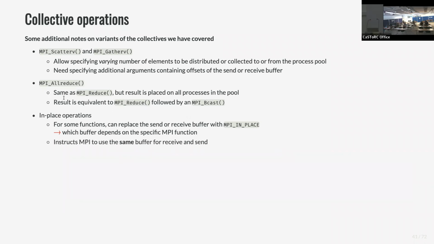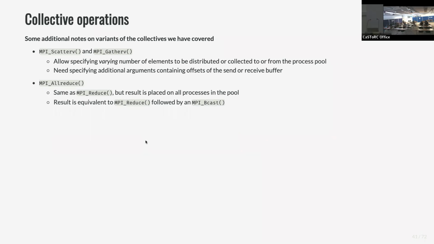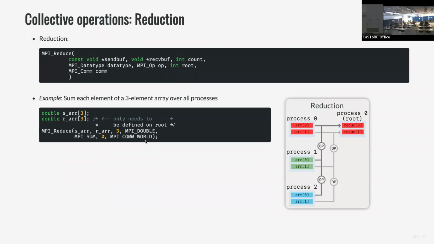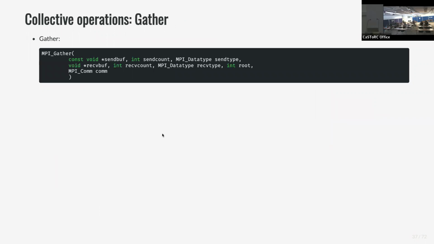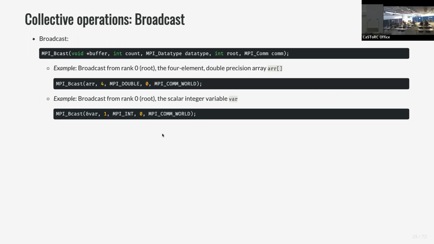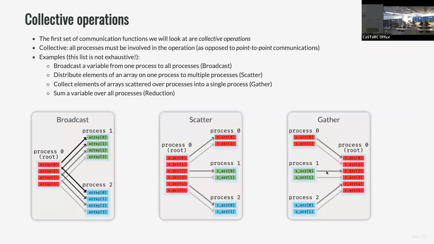Okay, and for some operations, you can replace the send or the receive buffer with a special variable, MPI in place. This instructs MPI to use the same buffer for receiving and sending. An example of where you want to do this is, where's the picture? Gather, for example.